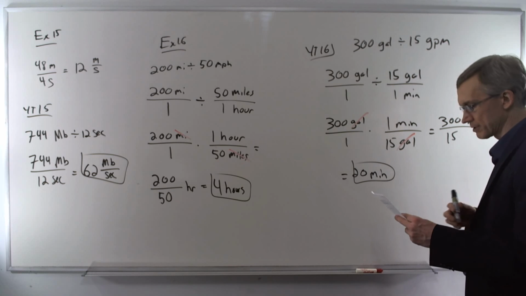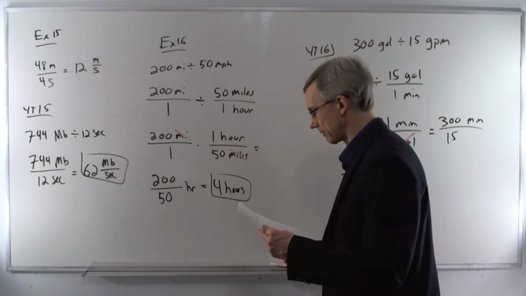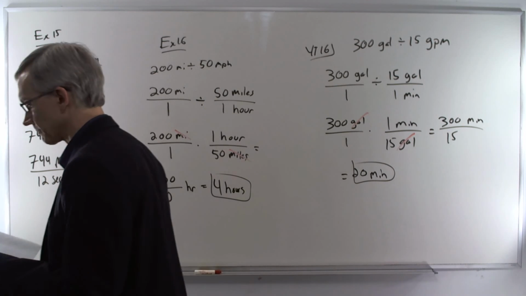Our last one, your turn number 17. Let's divide 1,024 gigabytes divided by 64 gigabytes per second.